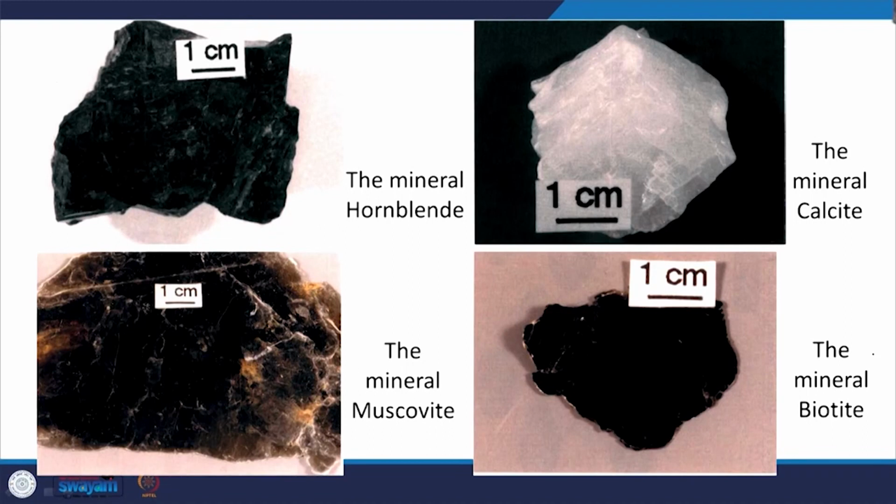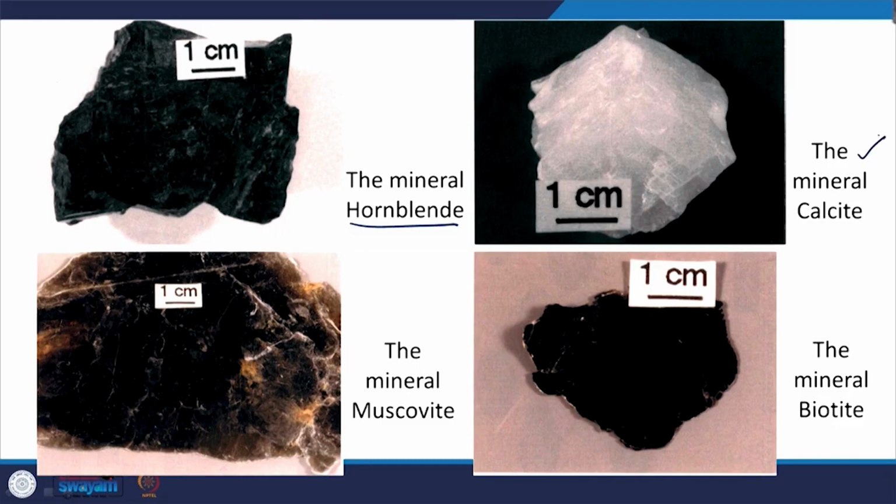Coming to the next four types of minerals. The first one here is hornblende. You can see that it is a dark colored amphibole mineral. In this case you have two cleavage planes at 120 degree and 60 degree. The next one is the mineral calcite.